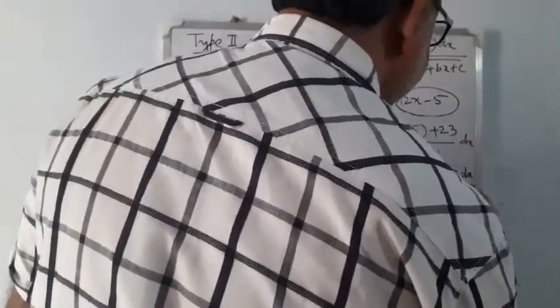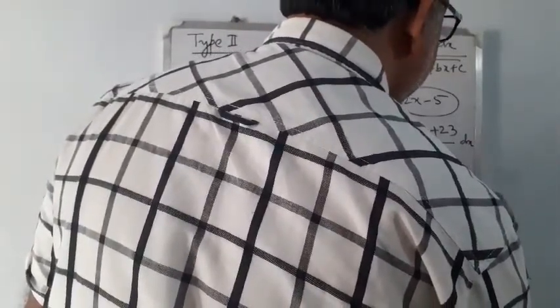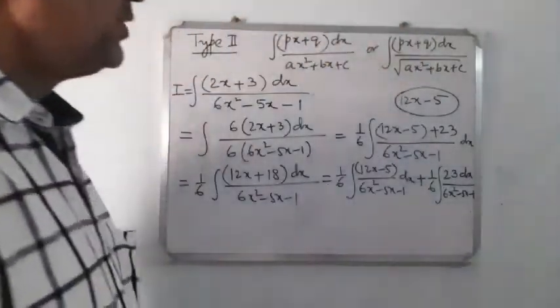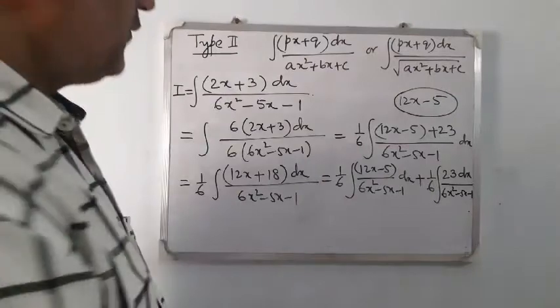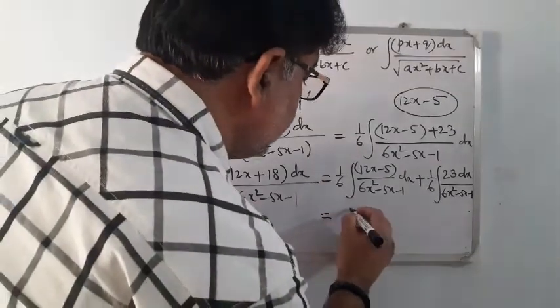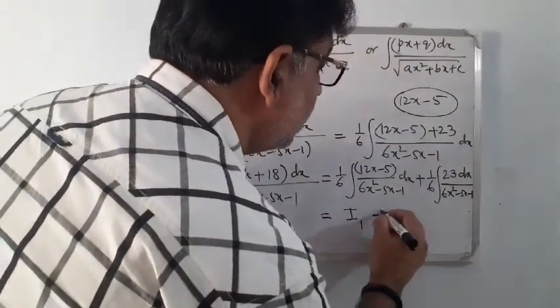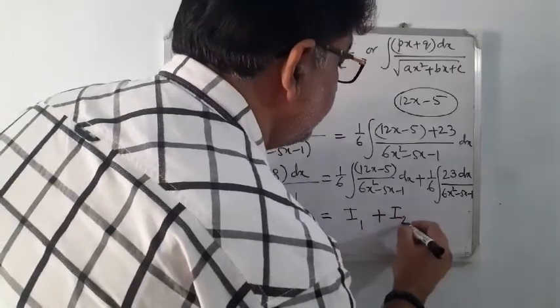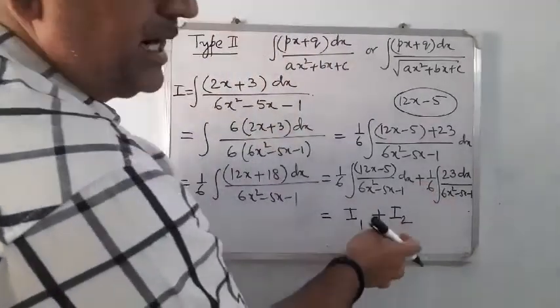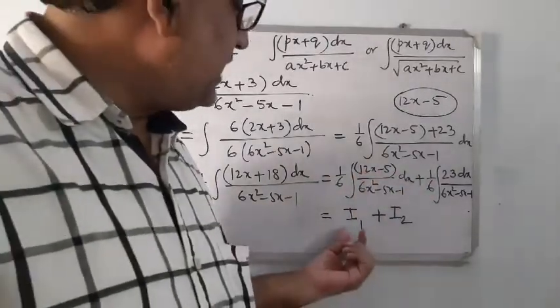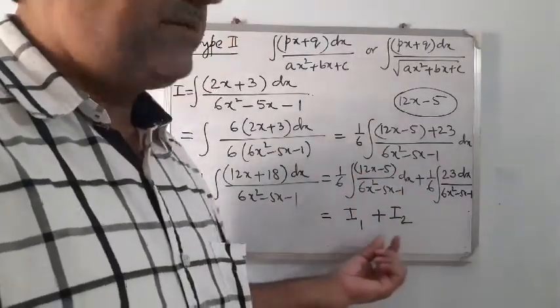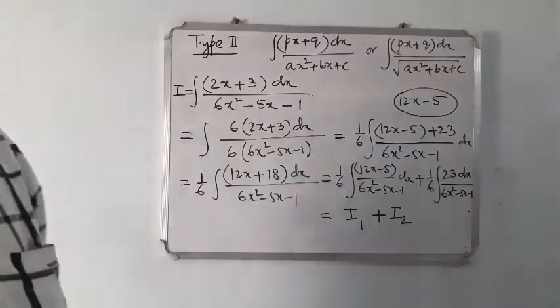Now we should take it as I1 plus I2. If here minus sign, we will take I1 minus I2. That will depend on the problem. Now I1 and I2 are two integrals. We will try to integrate the two separately.